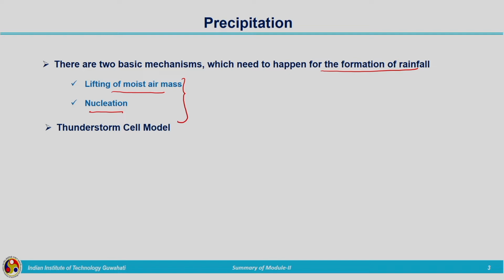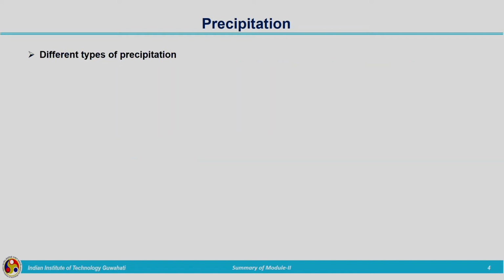In that, we could find an expression for rainfall intensity. The intensity of rainfall from an atmospheric column was obtained by making use of the principle of the thunderstorm cell model. In this, we assumed that the movement of air mass is taking place due to convective action, or convection. Then we moved to different types of precipitation.